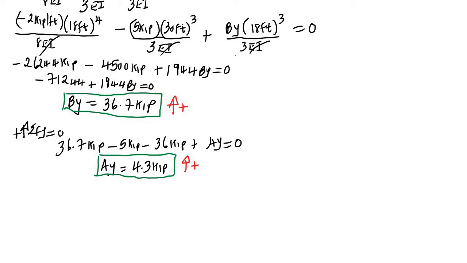So how can we calculate the moment at point A? We're going to take the summation of moments at point A equals 0. We're going to say all the moments in the counterclockwise direction are positive, while all the moments in the clockwise direction should be negative.